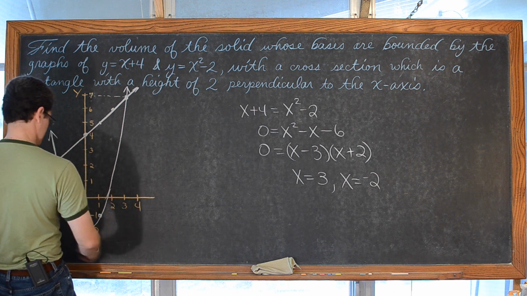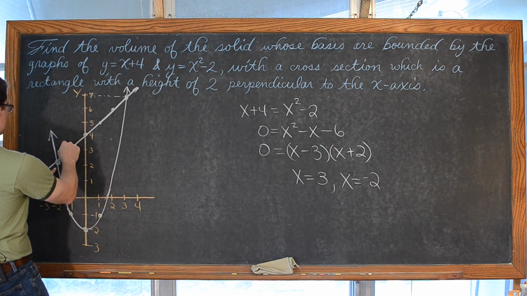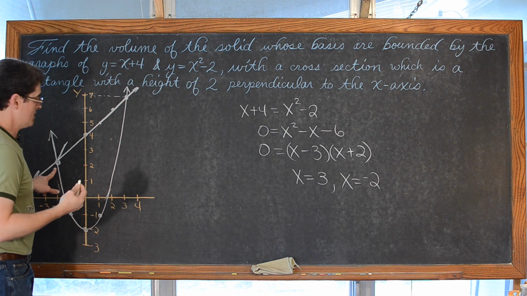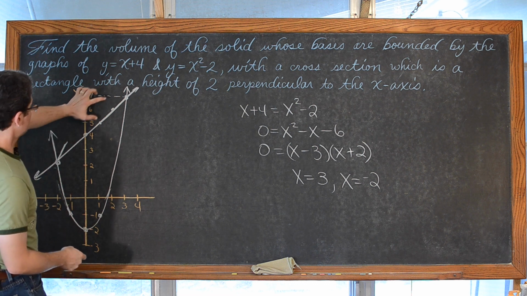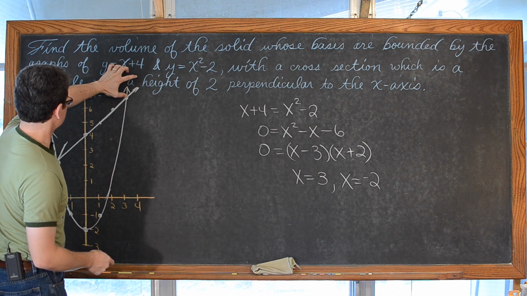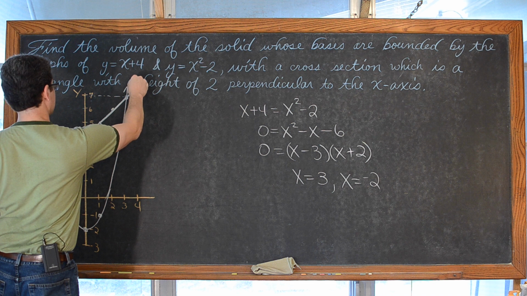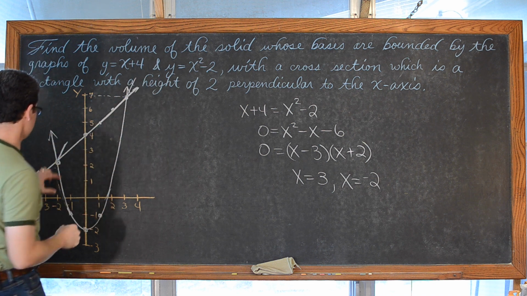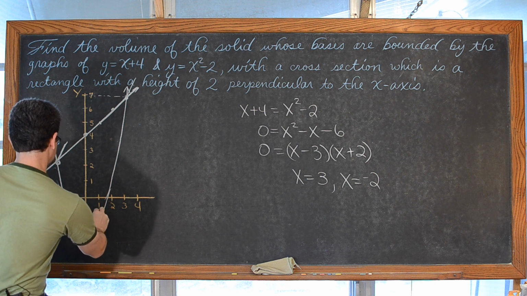So let's see here. I'm going to come off of here and make some kind of arbitrary length, which we're saying is 2 units tall. And I'm going to come off parallel to that, the same length, at each of these corners, and come over the top of my picture, maybe somewhere around here.